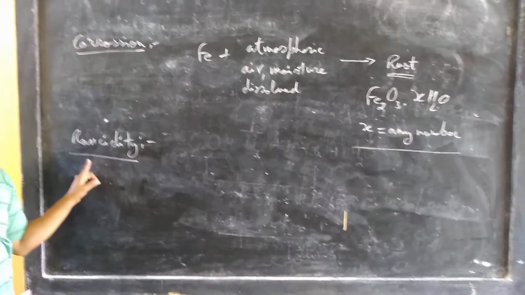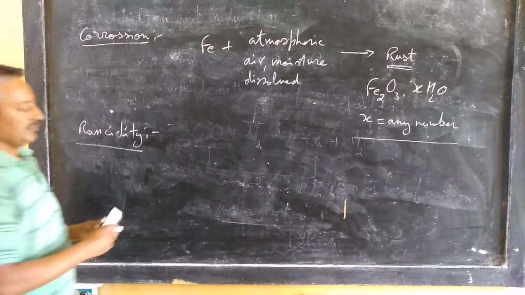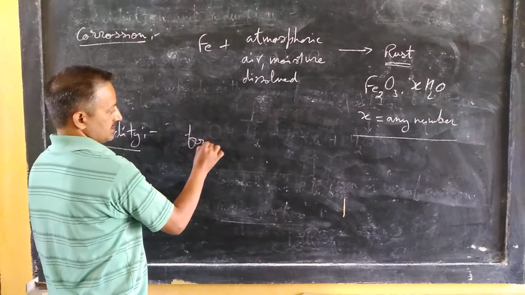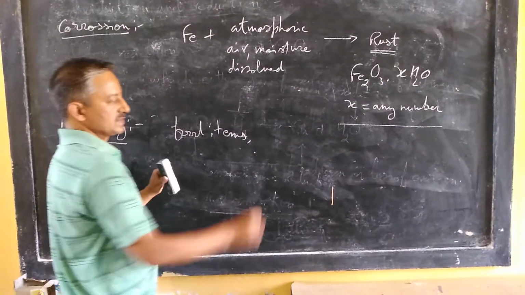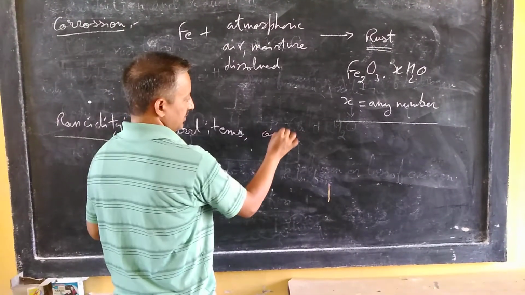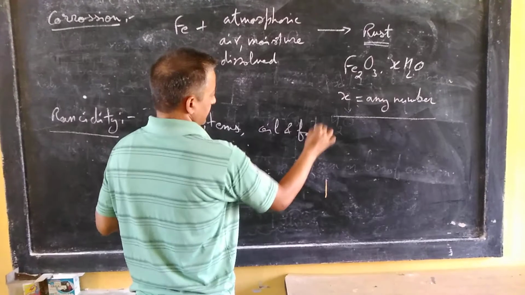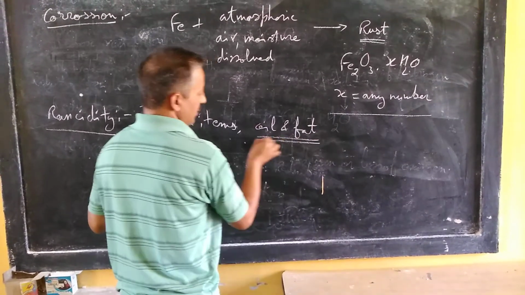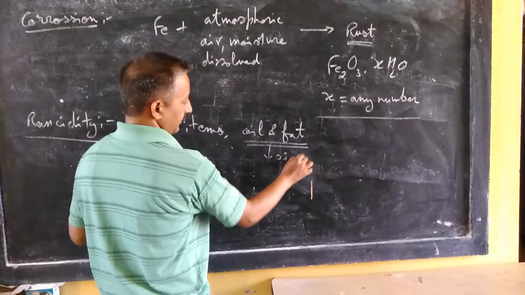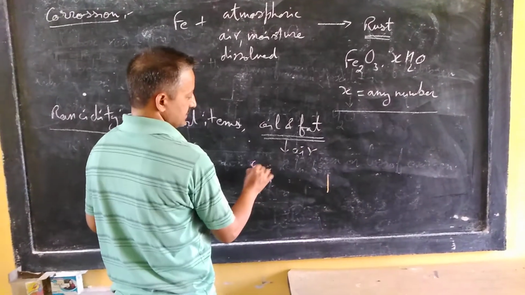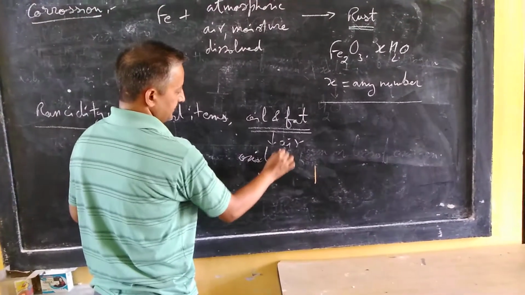Similarly, rancidity. There are a few food items in which we use oil and fat. Now, when this oil and fat comes in contact with air, then it undergoes oxidation.